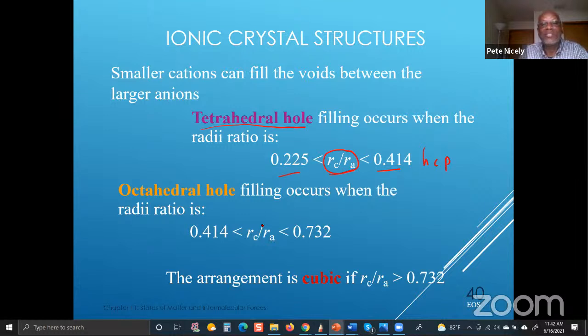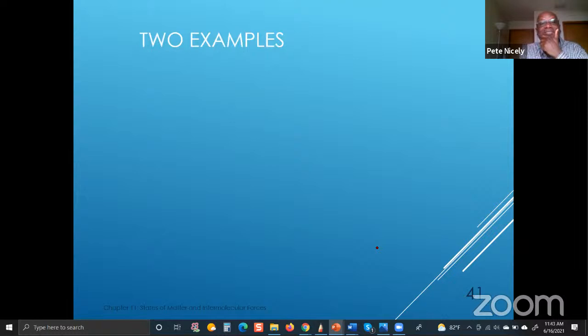And when the ratio lies between 0.414 and 0.732, then the arrangement would be the cubic close packing. So that's basically how the layers are assembled in ionic crystal structures.